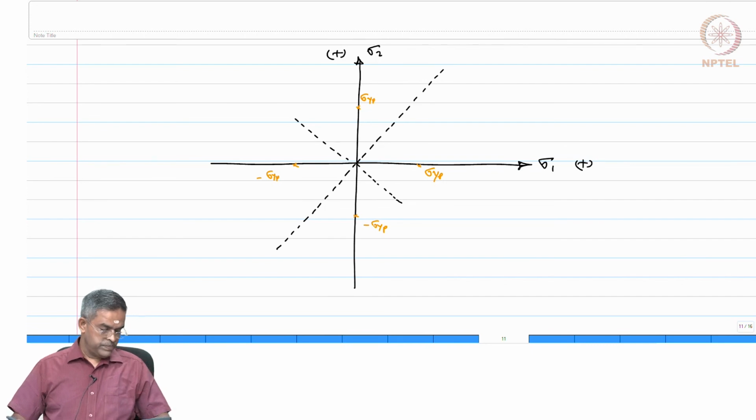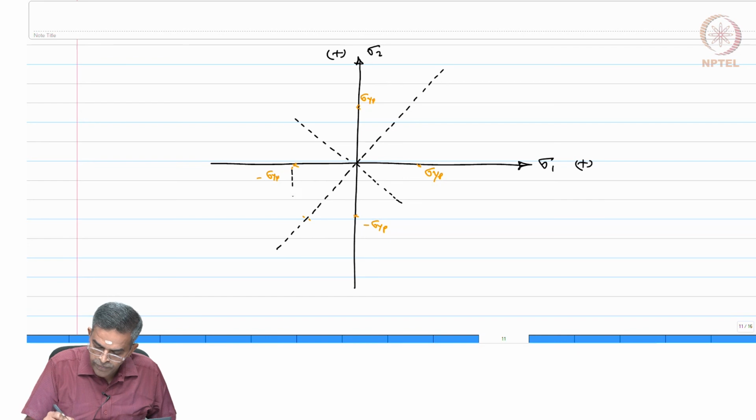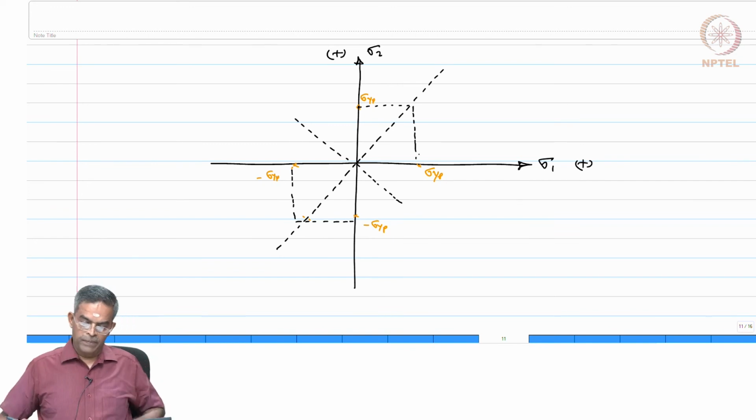Okay. So, let us draw the ellipse. It cannot cross sigma yp.